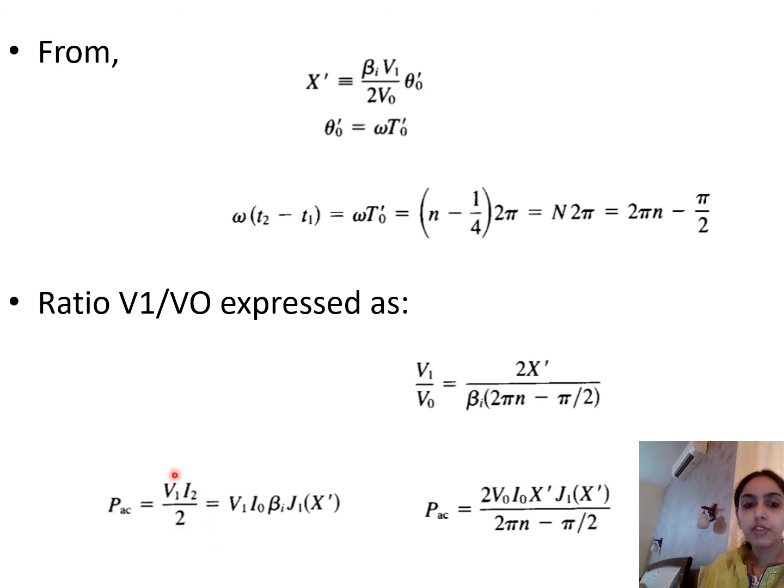Substituting for I2 from the previous expression, 2I0 beta i J1 of x dash, we get power AC as this final expression. Again, we get the power AC when we substitute for V1 from the previous expression, in terms of V0. So I get the final expression for power AC as such.